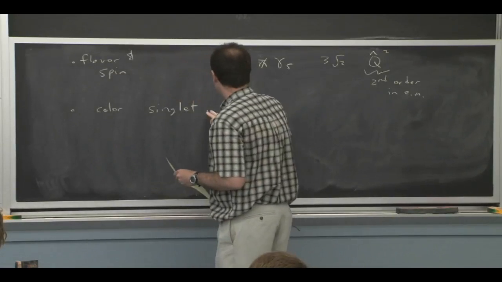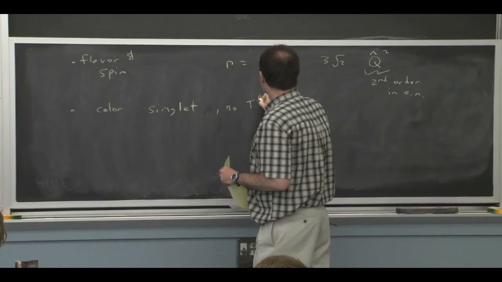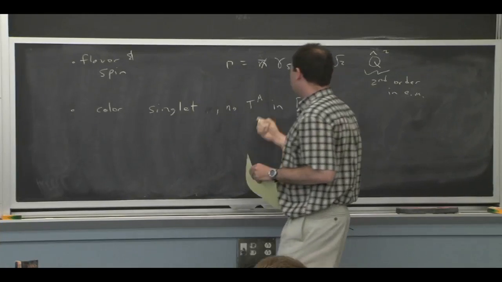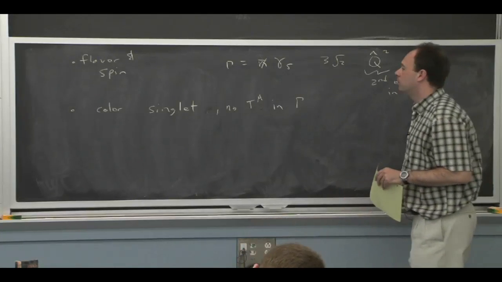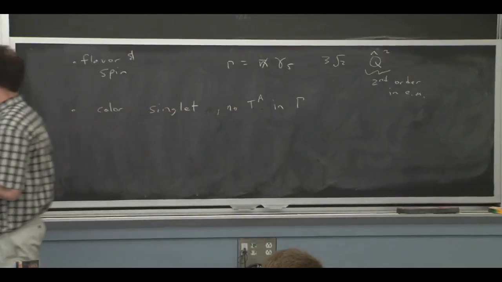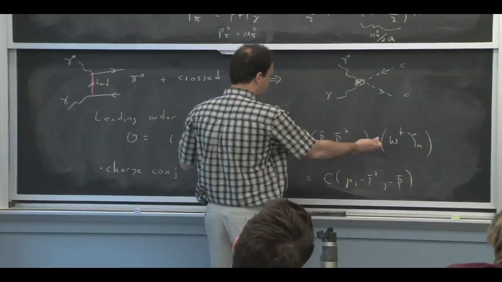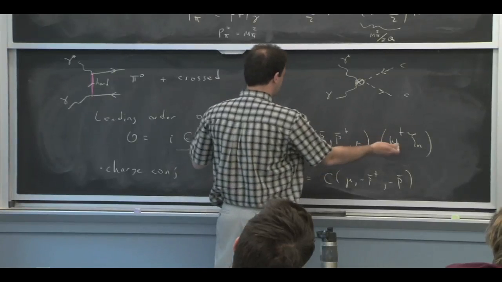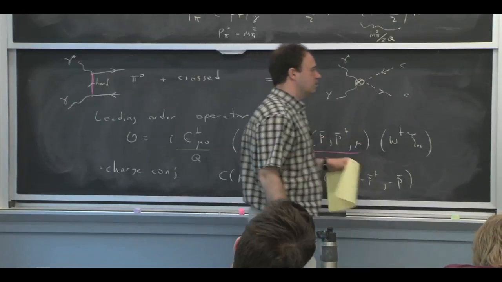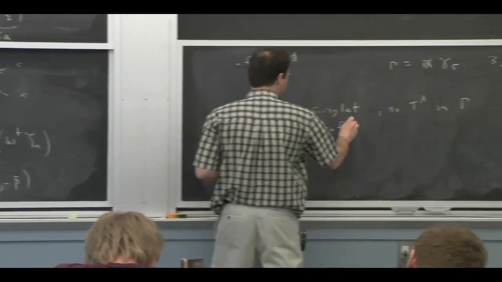And since it has to be, there's no T^A inside the gamma. That's what I mean. There would be nothing for the index A to contract with. And since it's a color singlet, that means if you were to think about soft interactions here, they would just cancel, right? If I were to think about putting in soft interactions and integrating them out, I'd get an S dagger S that would cancel out. So that's the sense in which this is a simple example.